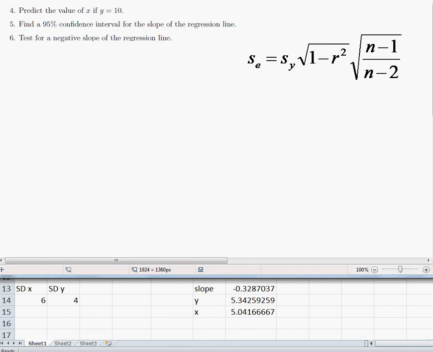So in our problem, we have that S sub e, the error estimate on any predicted value, would be S sub y, which was 4, times square root of 1 minus negative 0.493 squared, times the square root of 6 over 5.